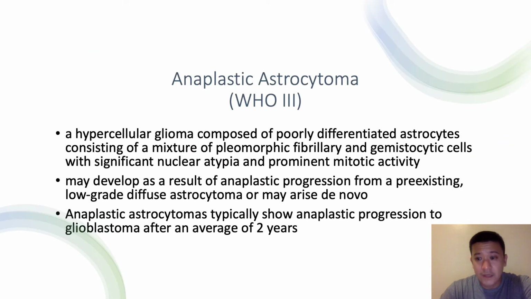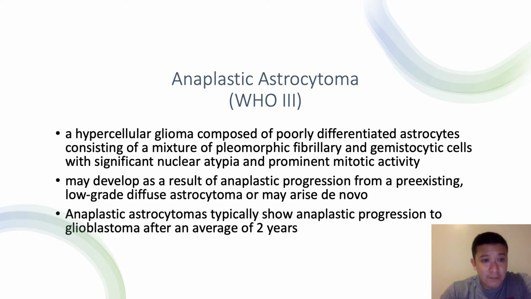Now, moving on to WHO grade 3 astrocytoma, the anaplastic astrocytoma, which is a hypercellular glioma composed of poorly differentiated astrocytes consisting of a mixture of pleomorphic fibrillary and gemistocytic cells with significant nuclear atypia.